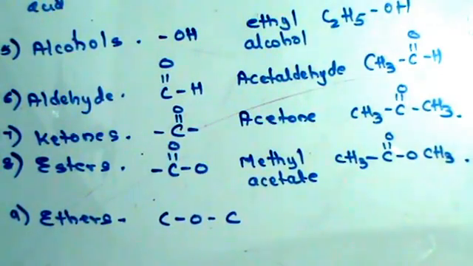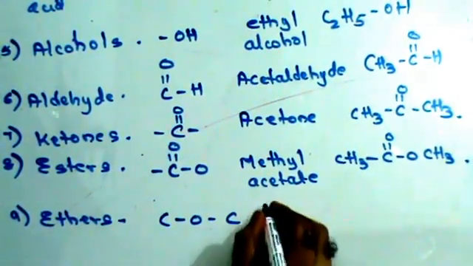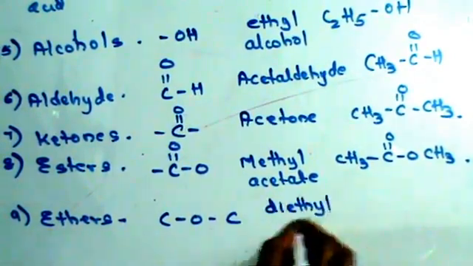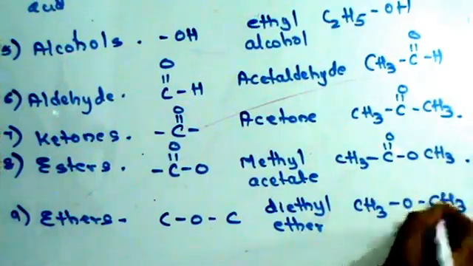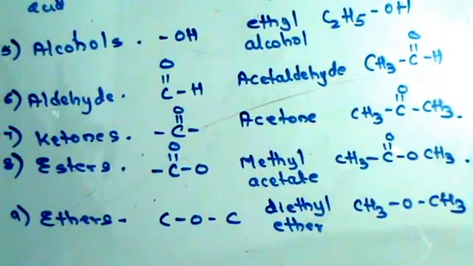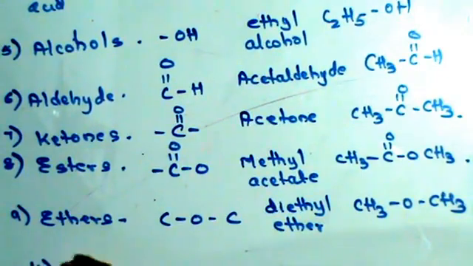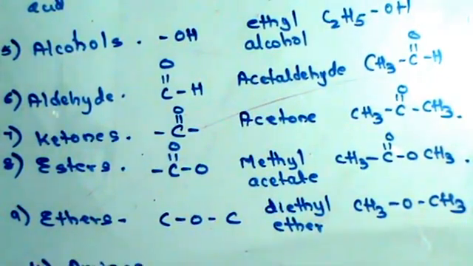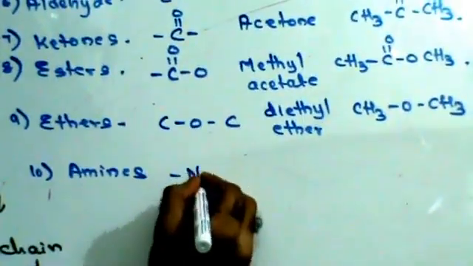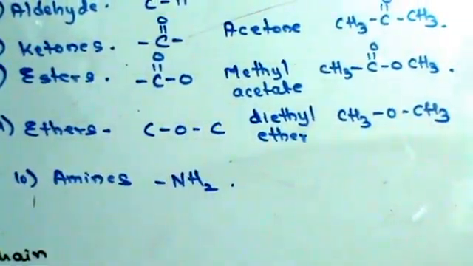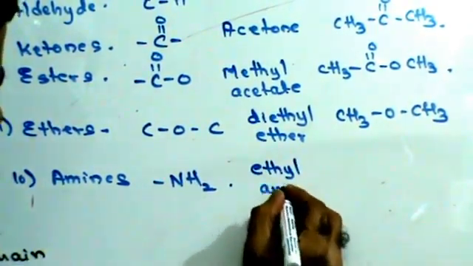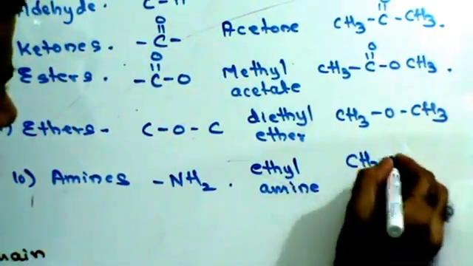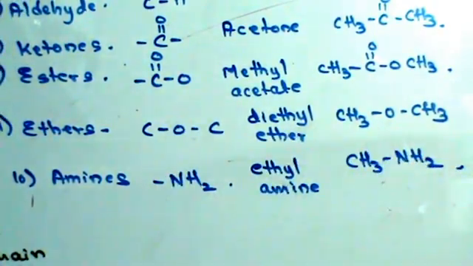Example that you can have is diethyl ether, or CH3OCH3. The next you have is amines. Amines are nothing but NH2. You can have ethylamine, CH3NH2. That's your amine group.